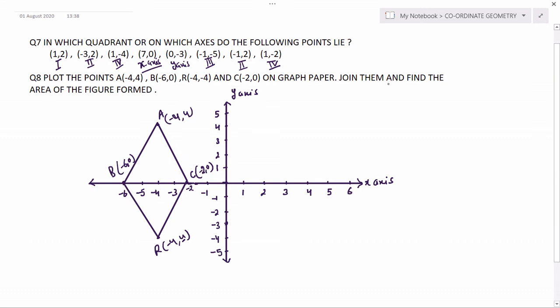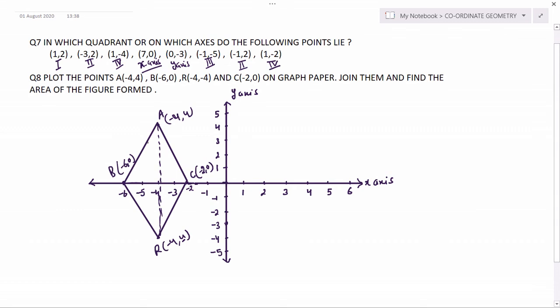Okay. Join them and find the area of the figure formed. Now if I am joining them, what kind of figure can you observe from here? When you join them, this is a perpendicular line, right? All these are at an equal distance.